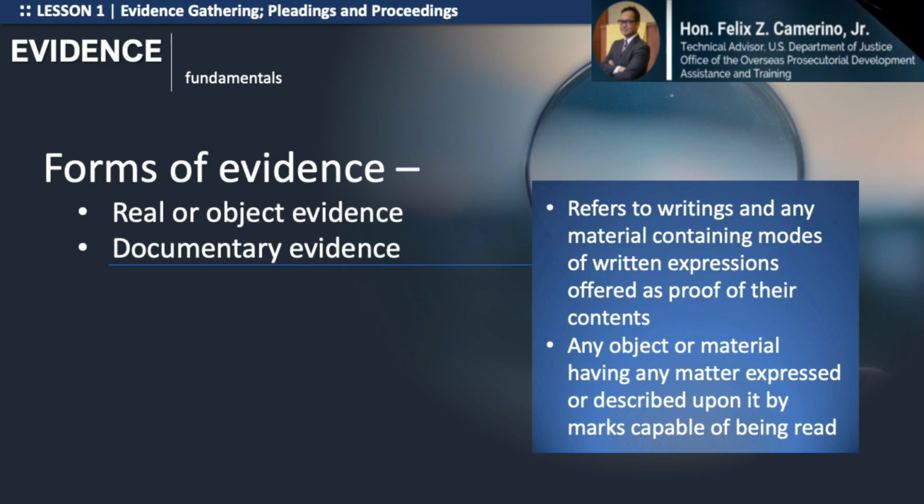One quick thing, I want to just quickly go back to the object evidence. I mentioned that in object evidence, it's a thing that you can touch and feel. It's also important to know, because I mentioned the graffiti on the wall, that object evidence isn't necessarily something that could only be brought to the court. It could actually be something that cannot be brought to the court, and so in which case there would be a need to do an ocular, right?